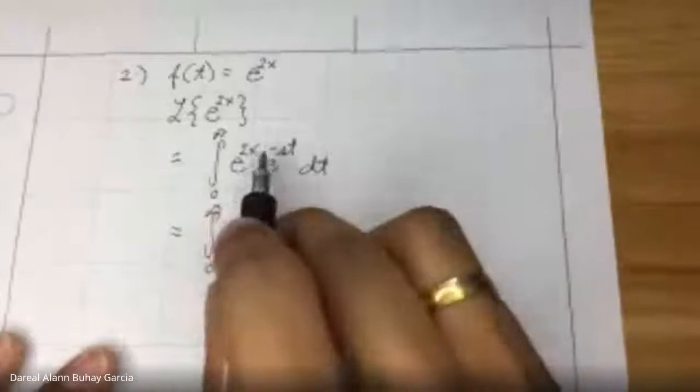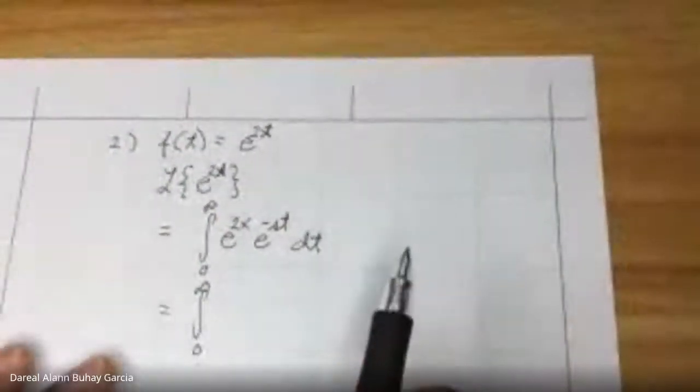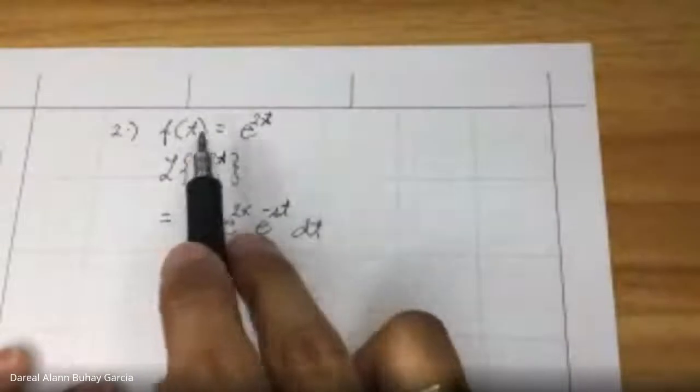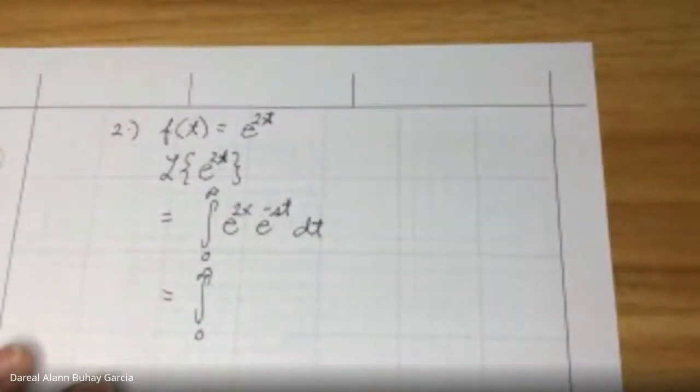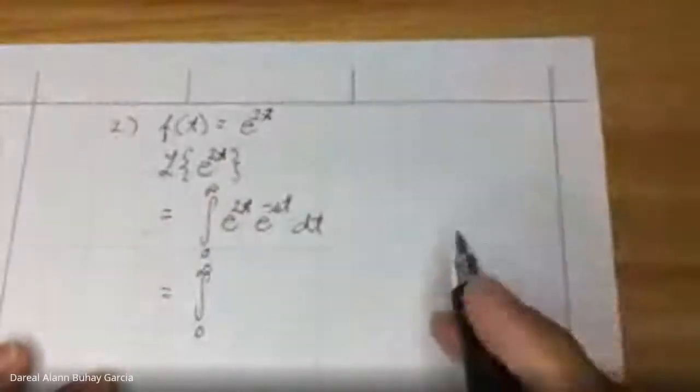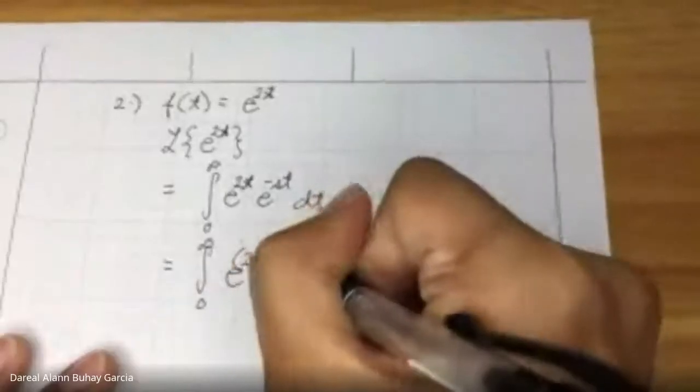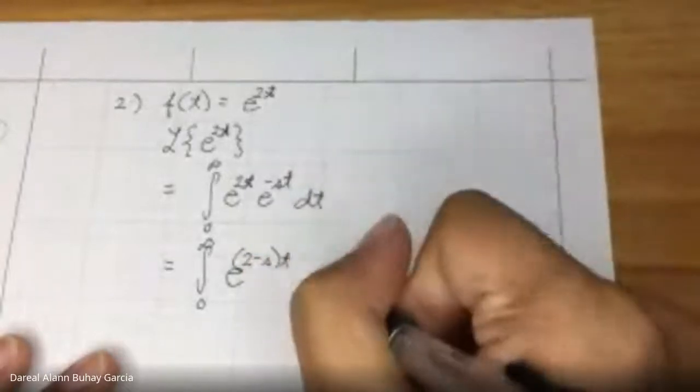So, this becomes the integral of constants combined, the 2t, since our independent variable is t. So this becomes e to the power of 2 minus s times t dt.